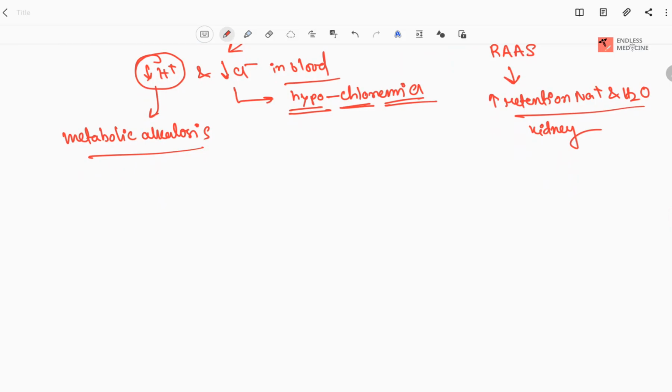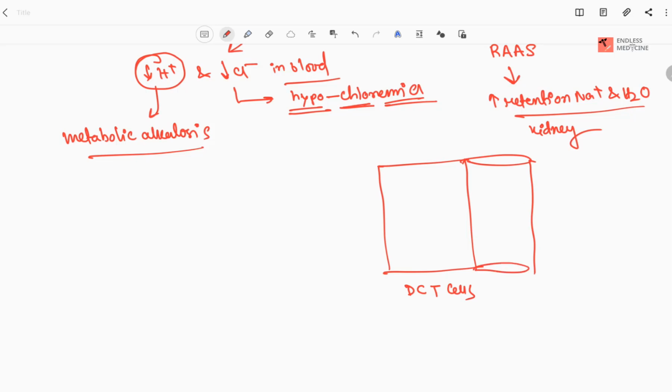Here is the DCT, the distal convoluted tubule cells, and here is our lumen. So when there is retention of sodium into the DCT cell, there is release of potassium as well as release of hydrogen from these cells. Why? Due to the maintenance of charge.